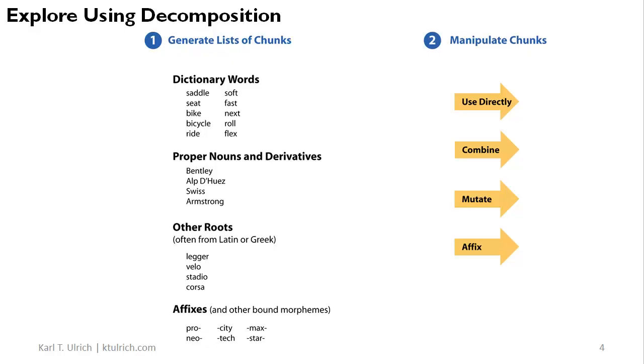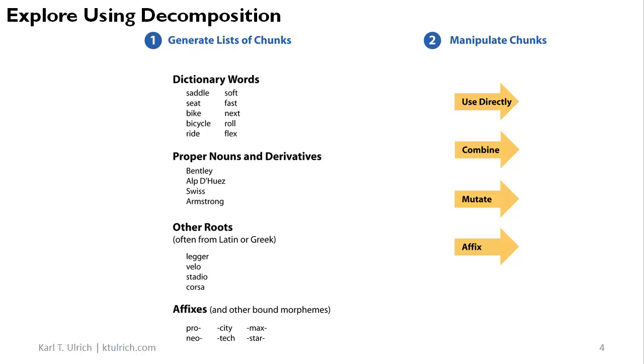So some of the ways that you can develop elements or chunks in response to the naming problem are to consider dictionary words that are related to the artifact. So in this case, saddle, seat, bike, ride, and so forth.